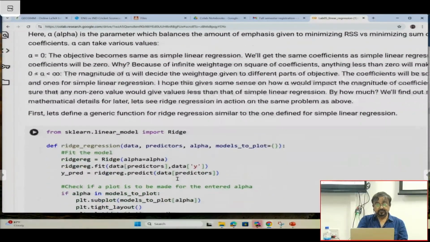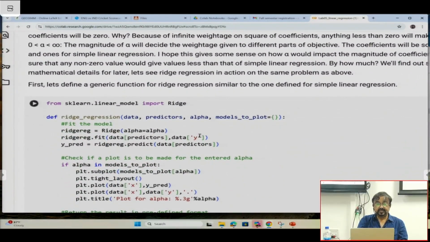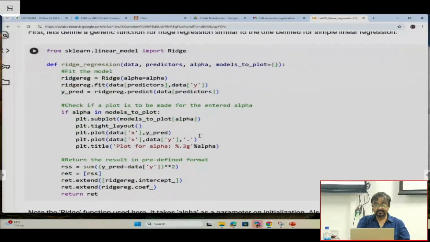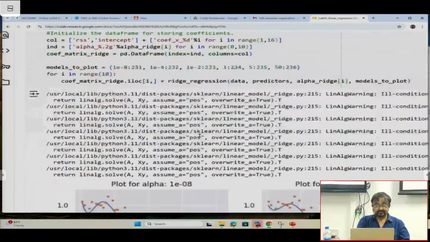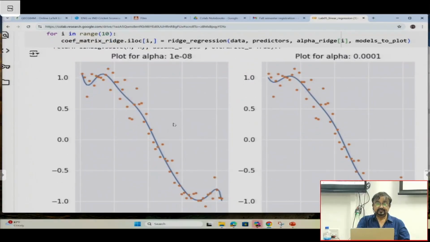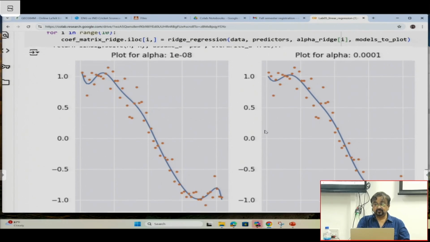So what we do here now, we try different values of alpha, but take the highest order polynomial and then see how the fit changes. If you look at that, this is for alpha equal to 10 to the power minus 8, 0.0001.